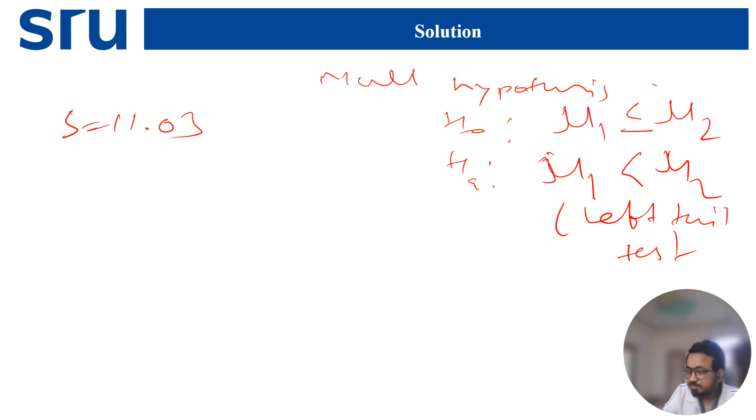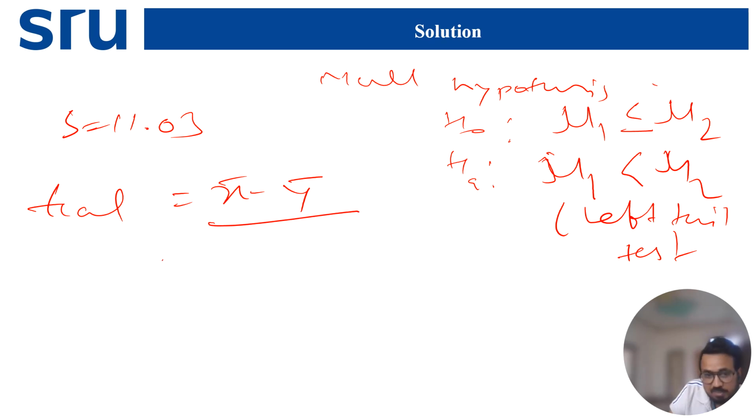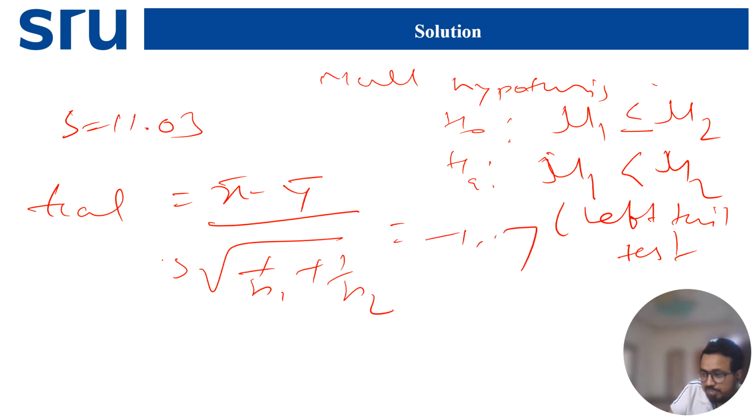Now we will find the calculated value of t. The calculated t is equal to x bar minus y bar by s into square root of 1 by n1 plus 1 by n2. So this is equal to minus 1.7. And alpha equals 0.05.